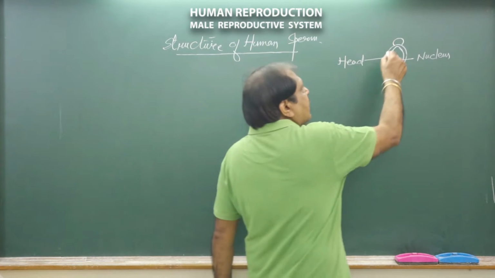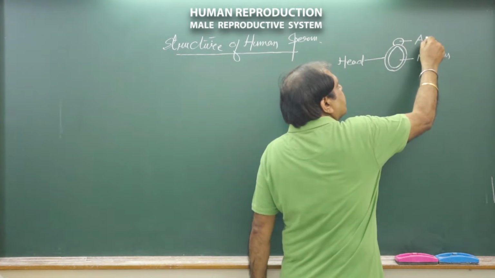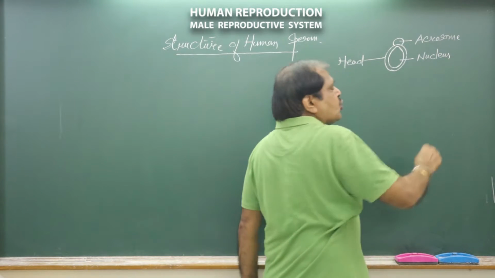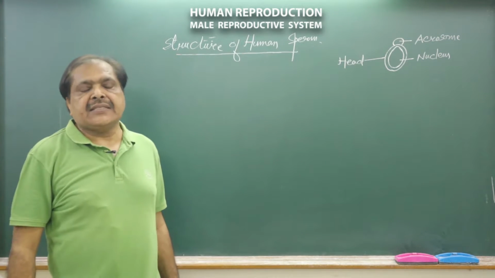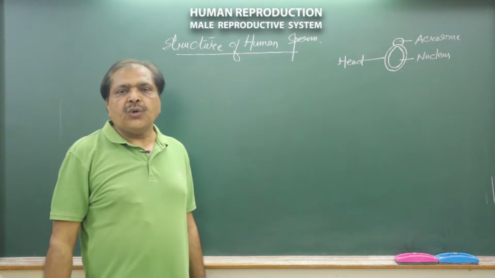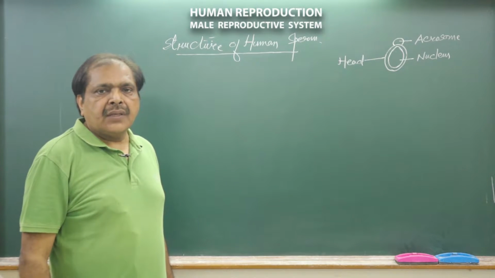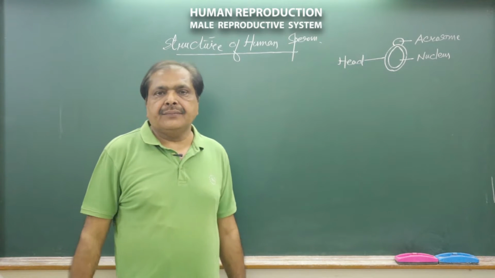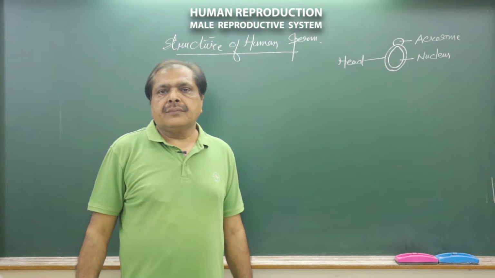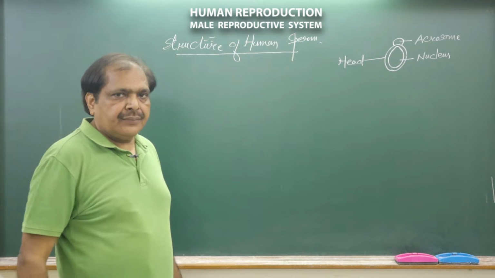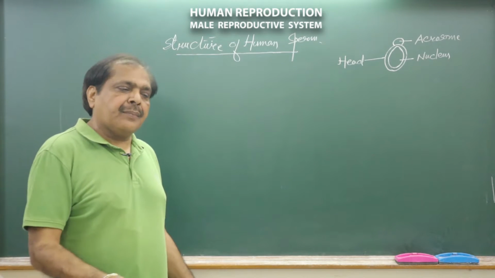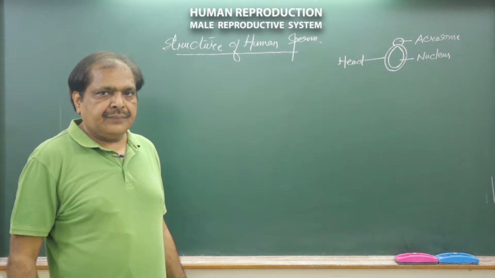And this is the acrosome. Acrosome contains sperm lysins. These are the proteolytic enzymes which will break the wall of the egg at the time of fertilization, at the time of entry of the sperm inside the egg.